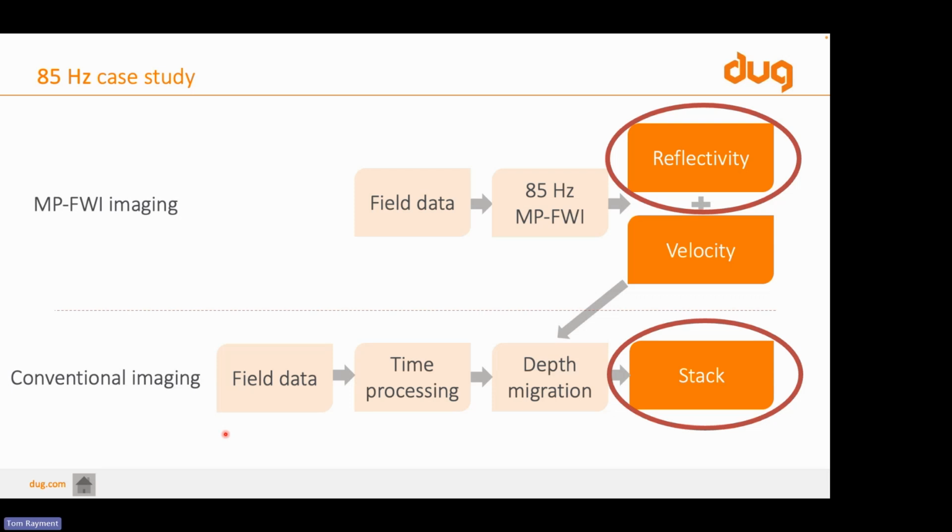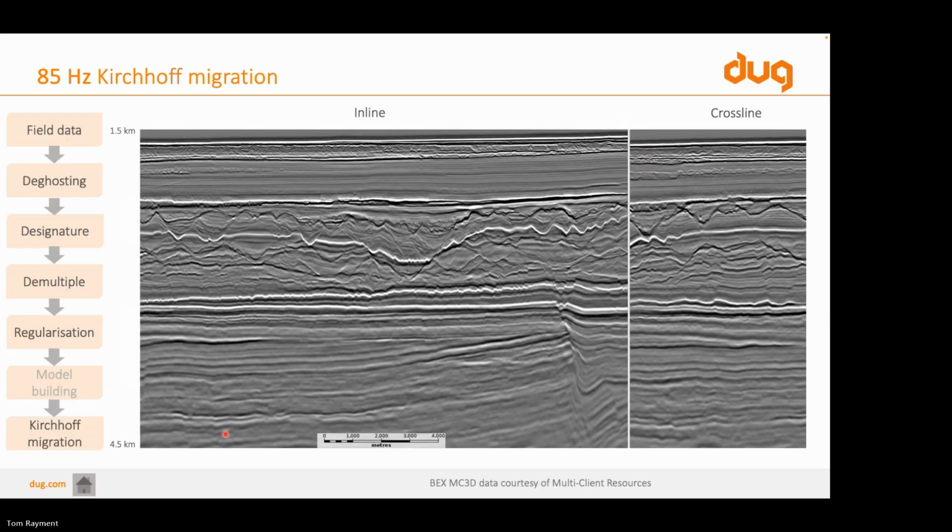And now we can have a look at that and compare that to our conventional stack. So this is a conventionally derived stack section of this data, an inline and crossline, where we've taken the field data through the workflow shown on the left: deghosting, designature, demultiple, regularization. Typically, there's model building there too, but we migrated this with the velocity model that you've just seen using a Kirchhoff migration.